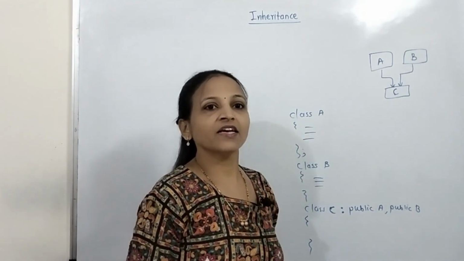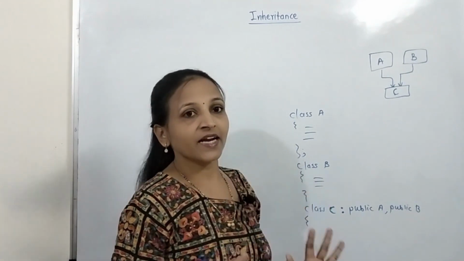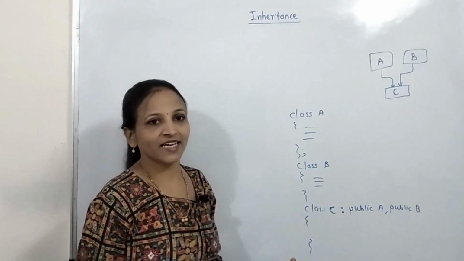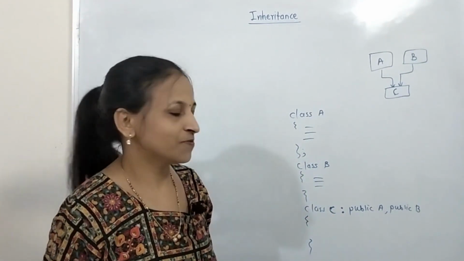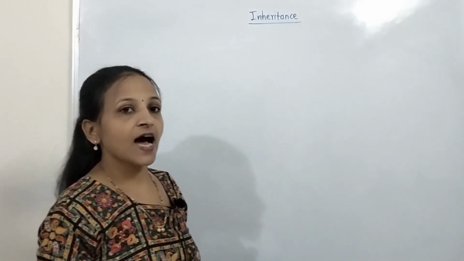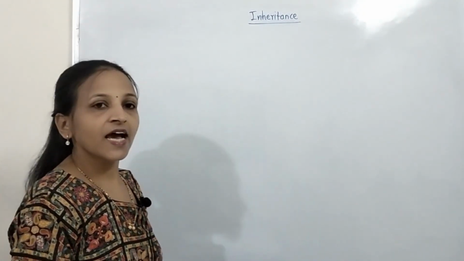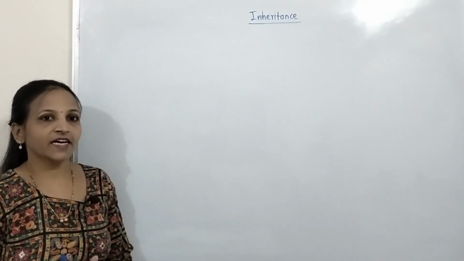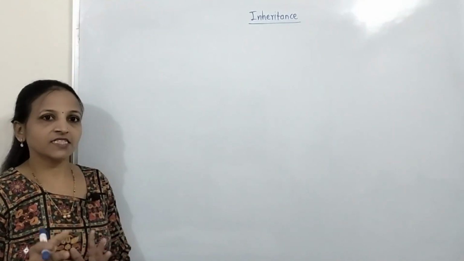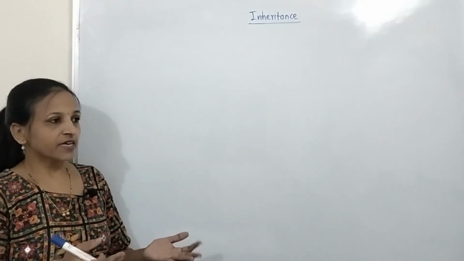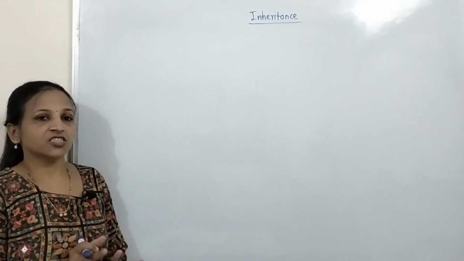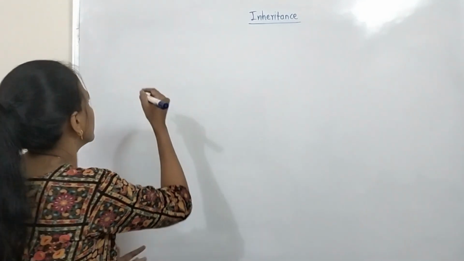Now we will see one example to get a better idea about multiple inheritance. Here we are going to create one class, number one, and there we are going to declare one integer as a data member, and write set and display methods for that integer. Simple.